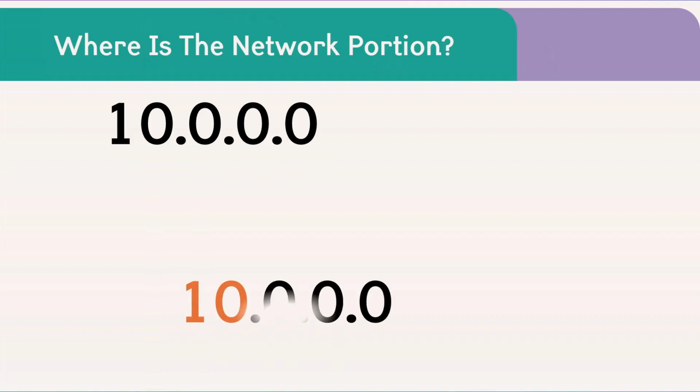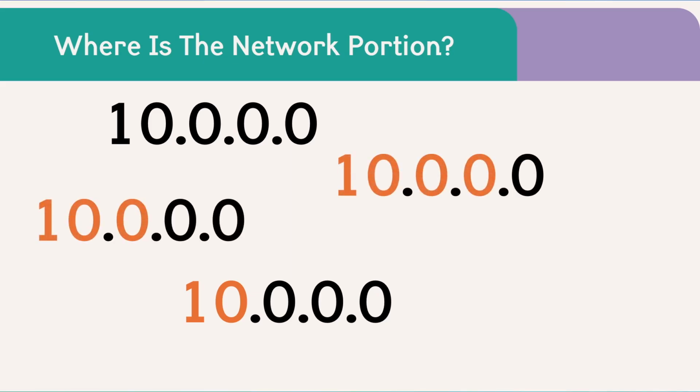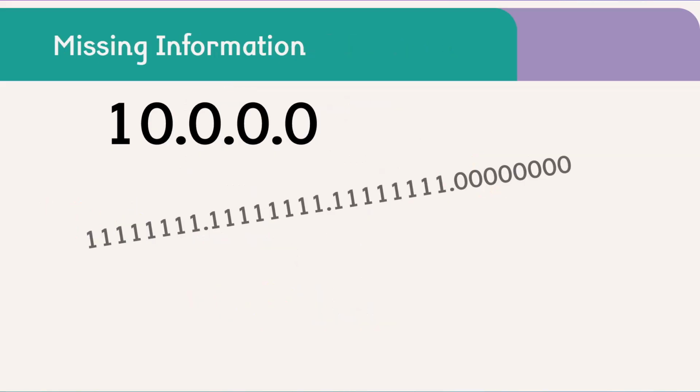Well, if IPv4 addressing were as simple as our last example, everyone would know how to do this in just a few minutes. But take a look here. If I show you this IP address, can you identify the network portion and the host portion? What would the broadcast be? What would the network ID be? Right now, there's no way to tell just by looking at the IPv4 address all on its own.